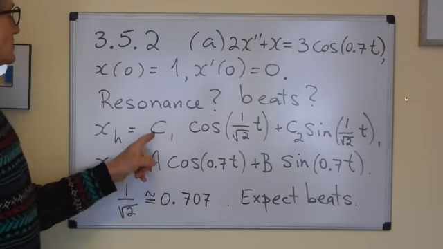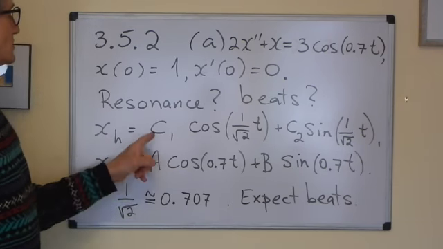That's why we are expecting resonance. Let's look at it a little more technically. Because cosine 3 over 2 t and sine 3 over 2 t in the left-hand side give us 0 on the right, we need to try a particular solution that has a t in it. So it's a times t cosine 1.5t plus b times t sine 1.5t.